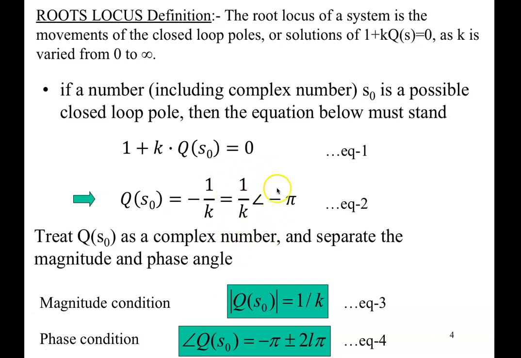Now, because it's a complex number, for S0 to be a possible closed loop pole, the open loop transfer function Q(S0) should have a magnitude of 1 over k and a phase angle of minus pi.